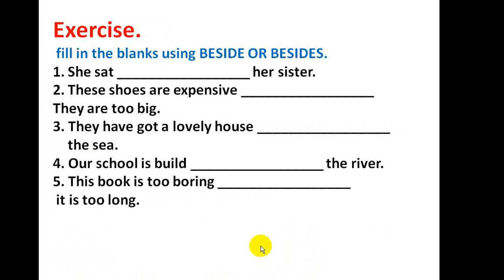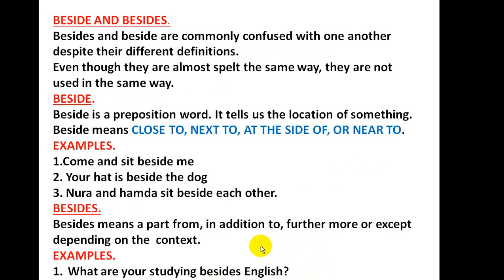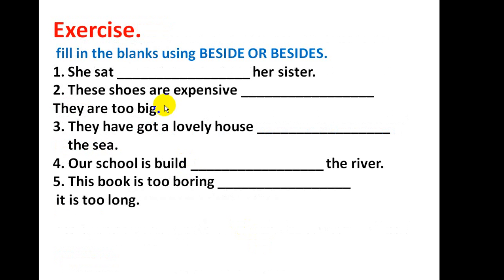Let's go to an exercise. Fill in the blanks using beside or besides. So we are going to choose, is it beside that we have to use or besides? Number 1.